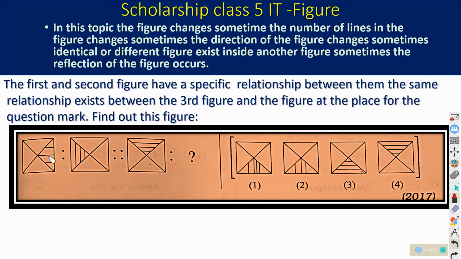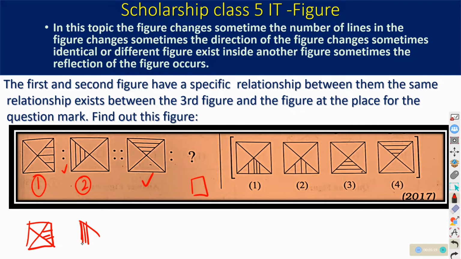Here is a figure. Let us consider this as the first one, and the second one is having a relationship. The same should be there between the one which is here. Again there is a square-like arrangement, then there is a cross, it is there in both. These are horizontal here. When it came here, it became vertical.